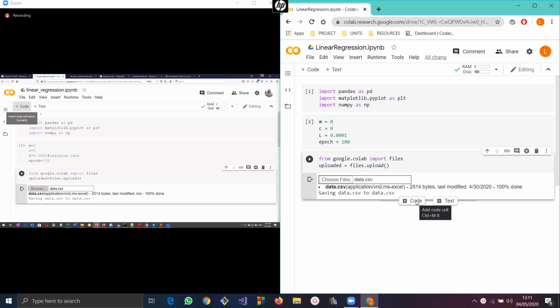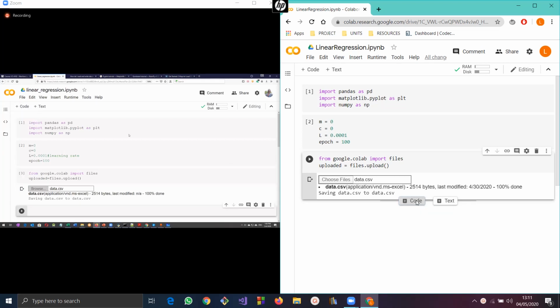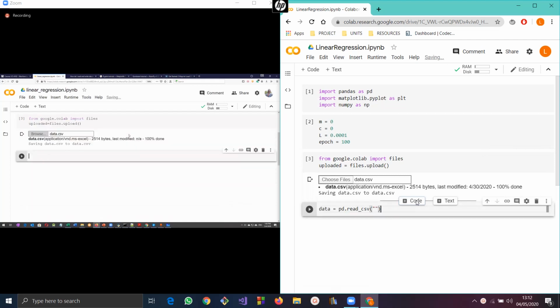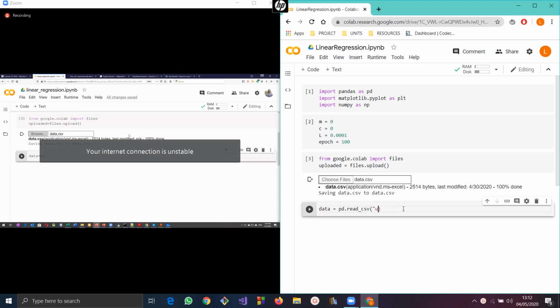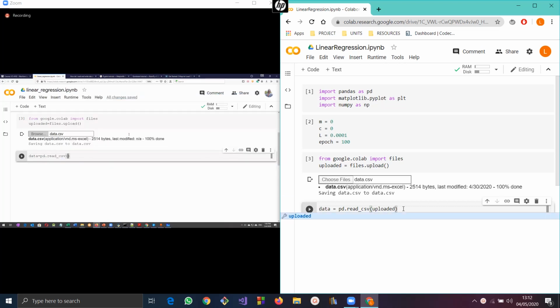So now we have the data, so we can proceed with the next step. Data is equal to, now we are working locally, pd.read_csv, and because it was called data, we say data.csv. You notice how our data looks.